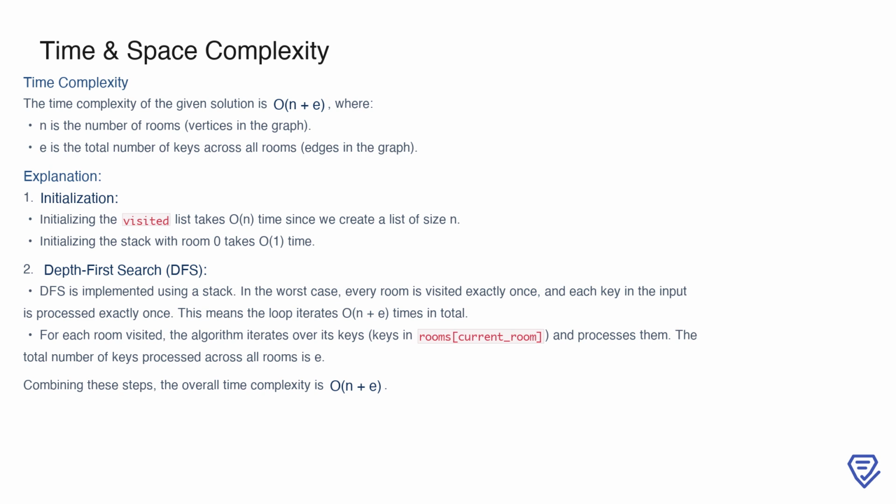In the worst case, every room is visited exactly once, and every key in the input is processed exactly once. This means the loop executes O(n plus e) times, where e is the total number of keys spread across all rooms, effectively representing the edges in the graph. For each room visited, the algorithm processes all its keys, ensuring that each key is handled only once. Combining the initialization and DFS steps, the total time complexity is O(n plus e).